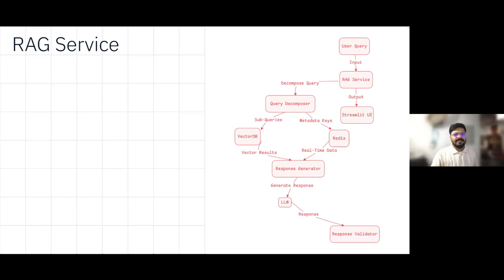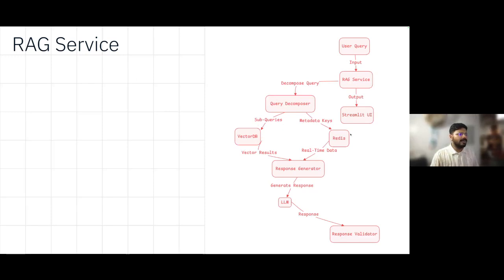So the RAG service is where the user query and all the things that I have talked about before this slide come together. I have combined it to say it's a RAG service. If you see here, there is this query decomposer. We split it into multiple subqueries.